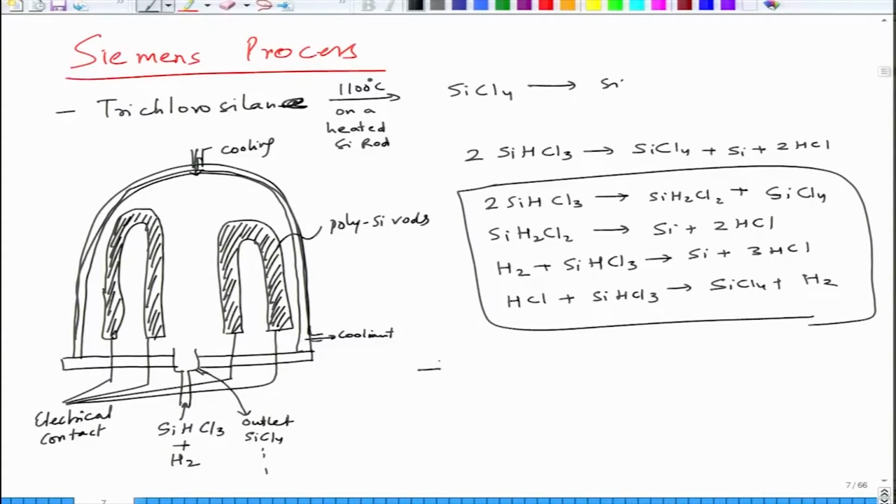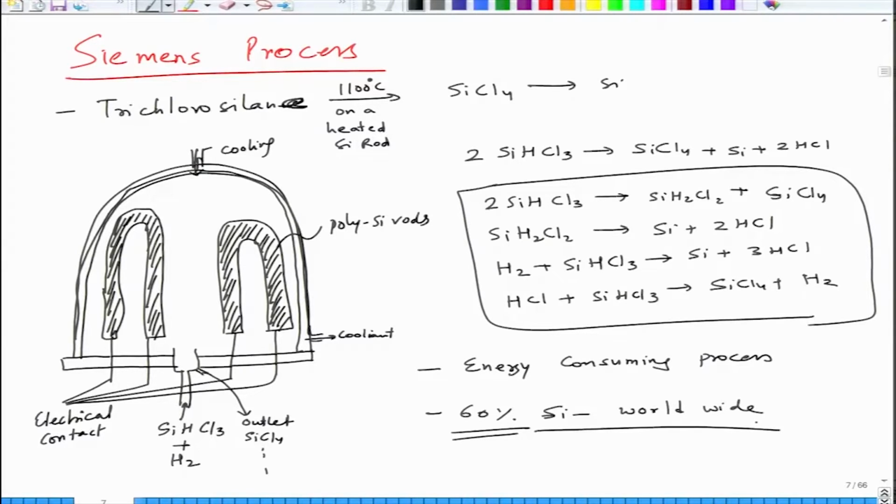This is a very energy consuming process. It's a slow process, it's an energy consuming process, and this is what is used for making silicon in the industry. Over 60% of silicon is made worldwide using this process.